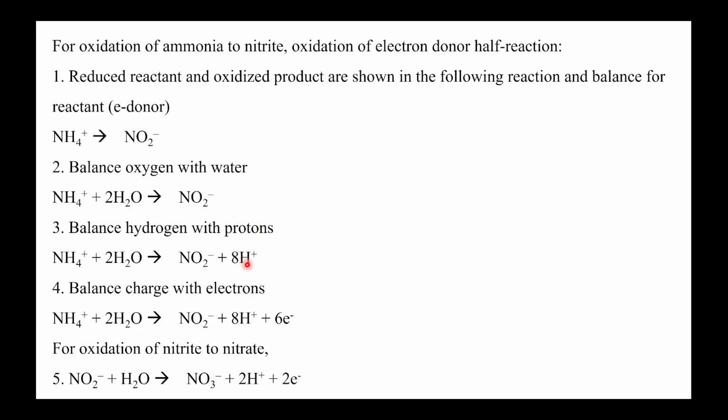If we subtract 6, we'll get +1, same as the left hand side. So we'll add 6 electrons, because one electron has one negative charge, so 6 electrons will give 6 negative charge. So 7 minus 6 would be +1 on the right hand side, same as the left hand side. That means for the oxidation of ammonia into nitrite, it is taking 6 electrons.